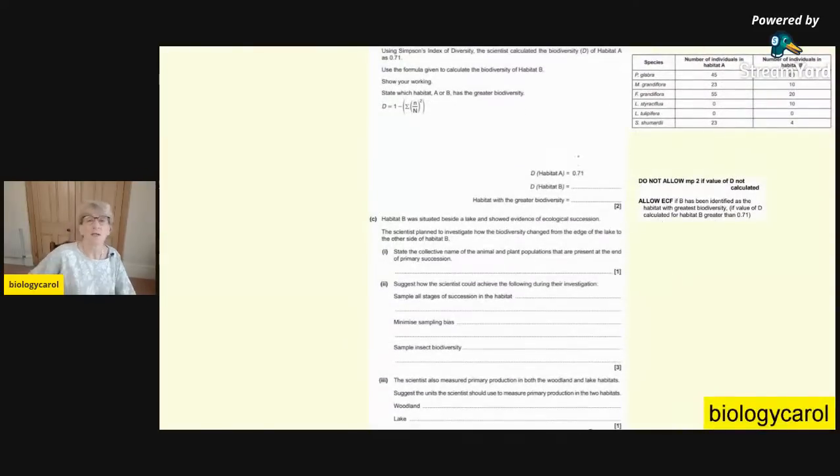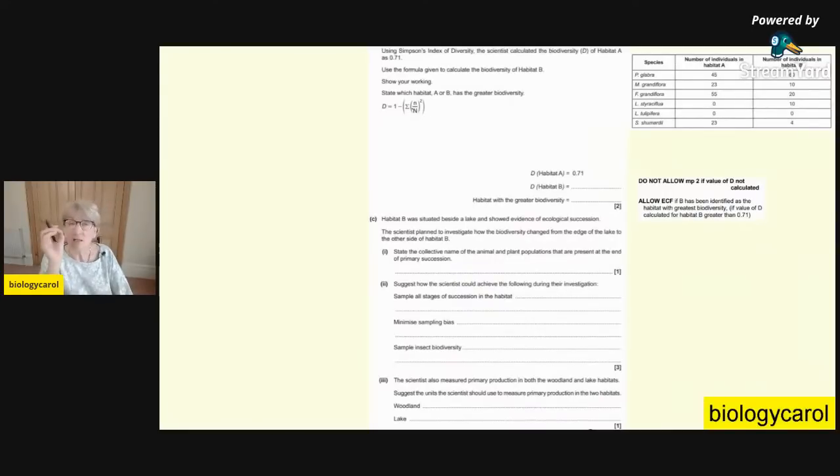Okay, using Simpson's index of diversity, the scientists calculate the biodiversity of habitat A as being 0.71. Use the formula given to calculate the biodiversity of habitat B. Show your working. Now, if you're not familiar enough with this formula, it can look a bit scary.